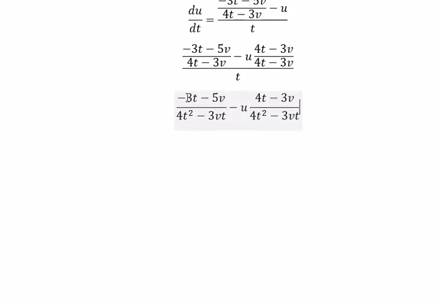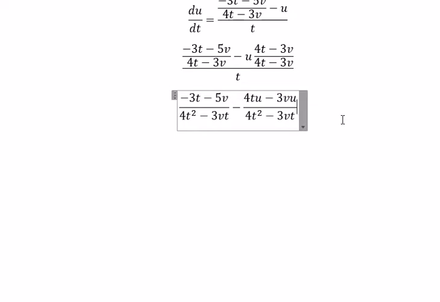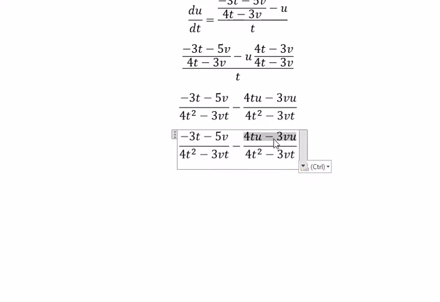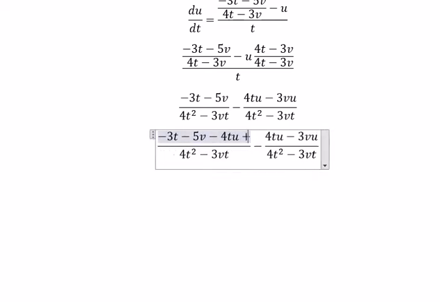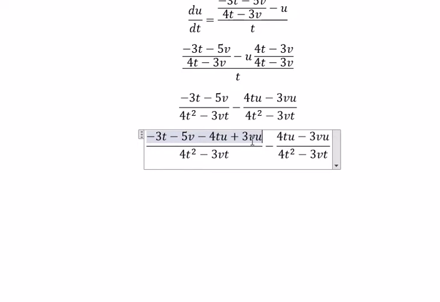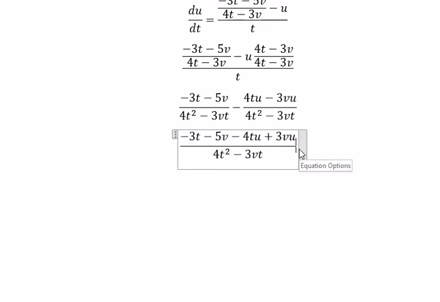So we put u with t in here. Later we divide t on numerator and denominator.